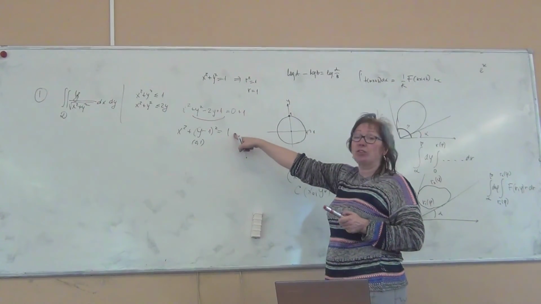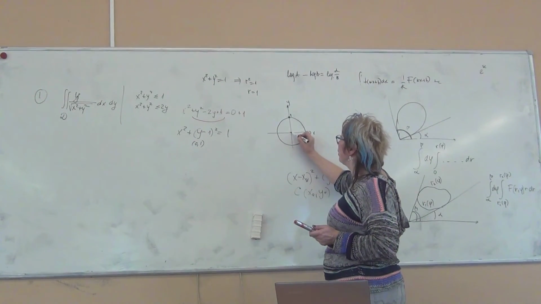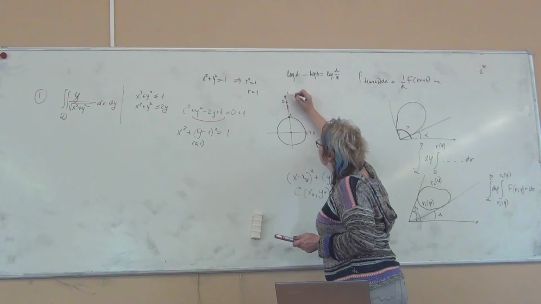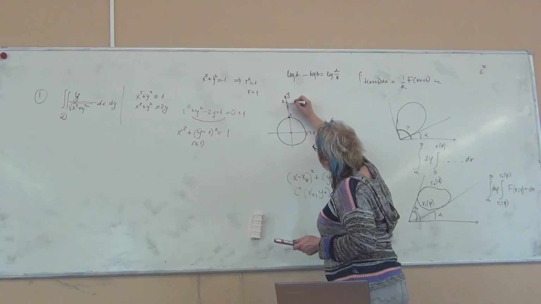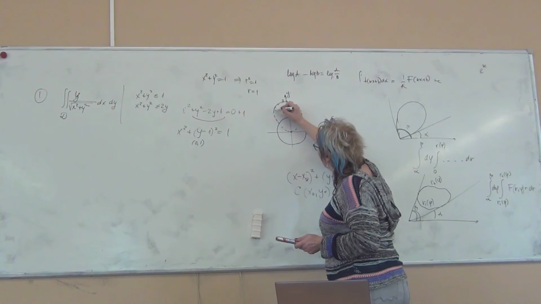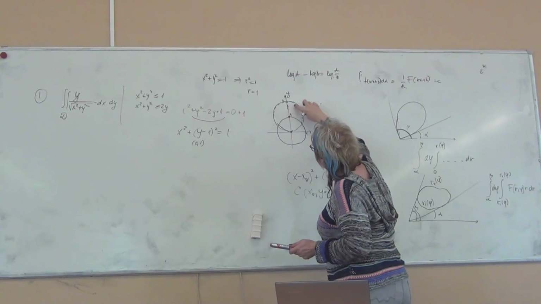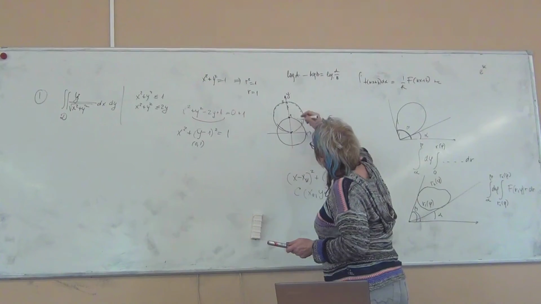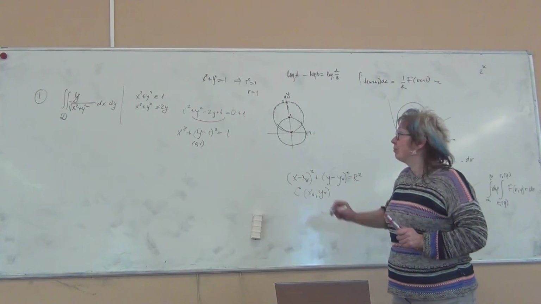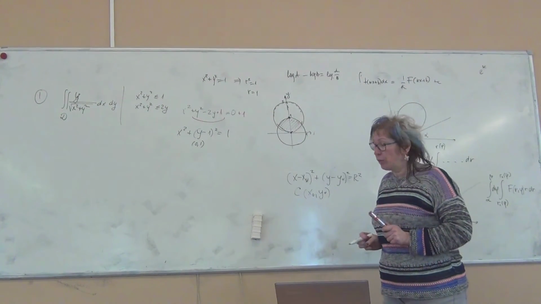I also know that the radius is 1. So it will pass through the origin and the point 2 on the y-axis. So the circle will go like this. Okay, not very pretty, but hope you get the idea. Alright, so the region of integration is this: inside of the two circles.